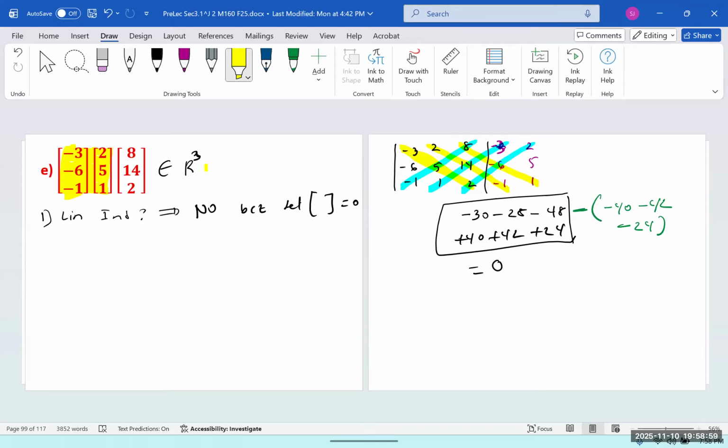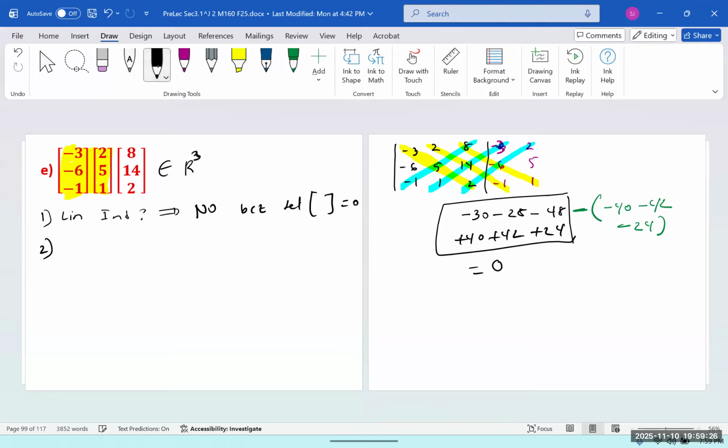If you look at the first two, can you multiply the first vector by something that will turn it into the second vector? If not, then at least two of them are independent. We definitely know that all three are not independent because the determinant is 0. So we just figured out that at least two are independent because they are not multiples of one another.